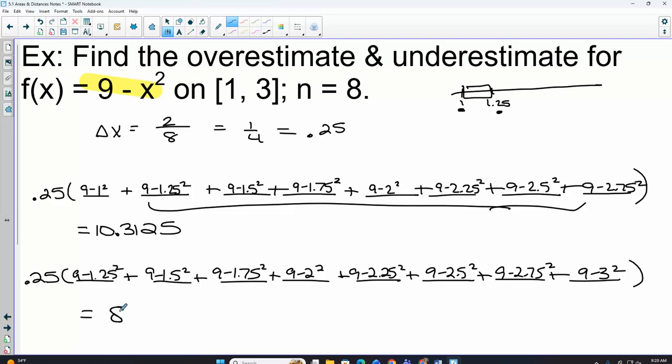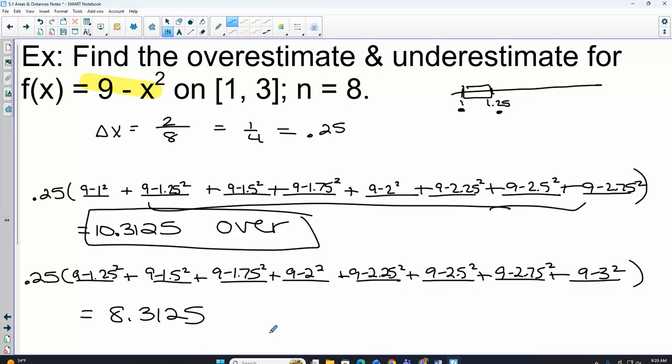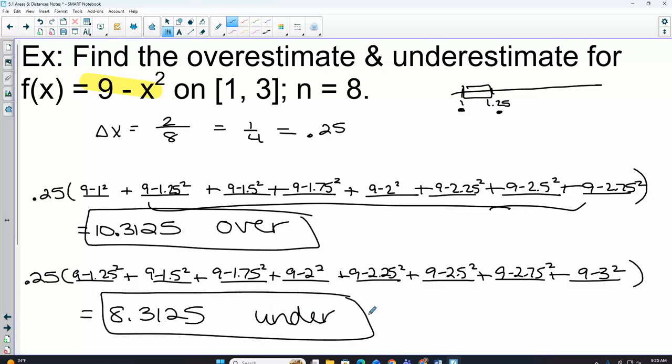I change that. You get 8.3125. So which one was an overestimate? And this would be my underestimate. And the real number is somewhere in between them.